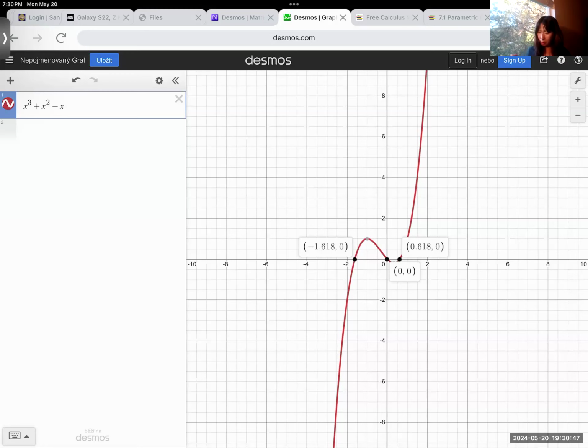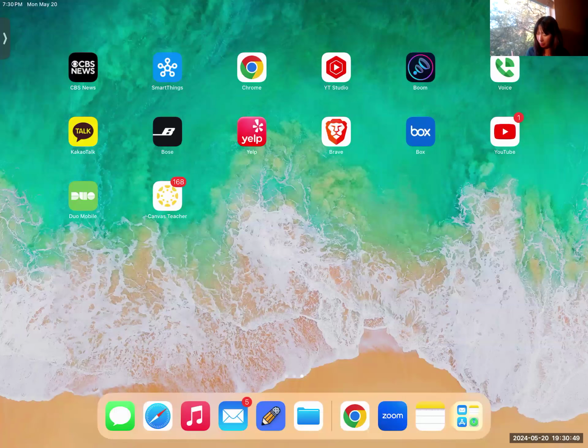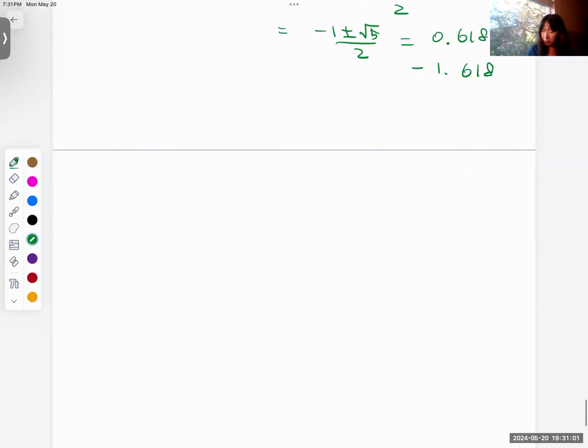Okay, this is a much easier way, because I don't want to suffer through algebra, right? But this is working too. Some of you want to know algebraically.